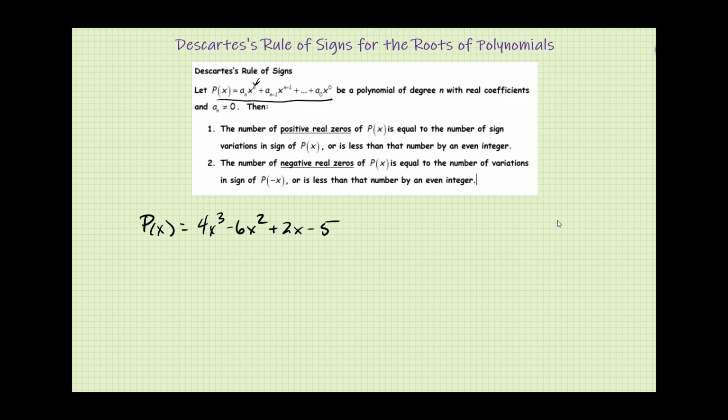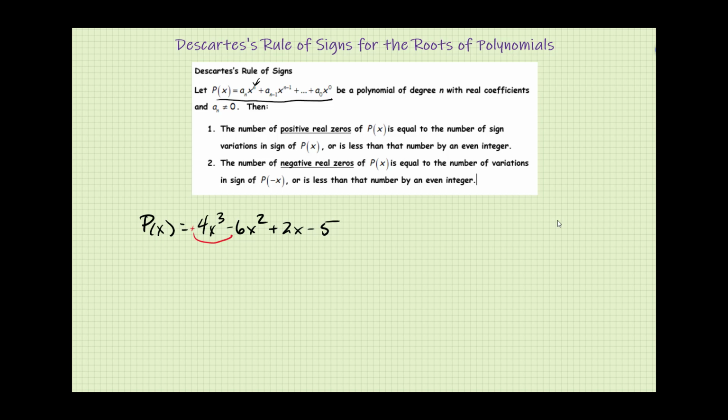What we're going to do is count sign variations. Sign variations means, as you go through this polynomial, how many times do the coefficients change signs? This is what I like to do. It starts as positive here, but there is a change to negative.